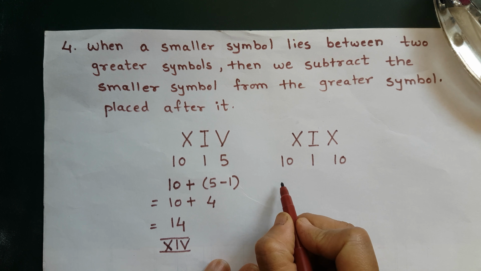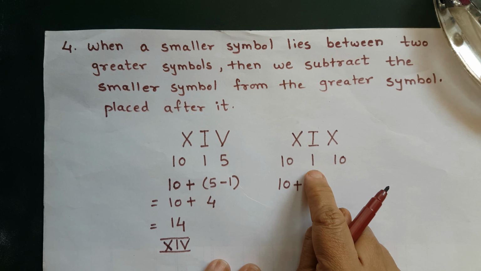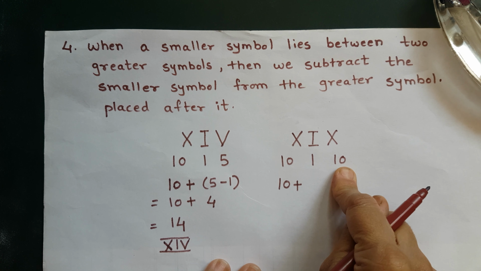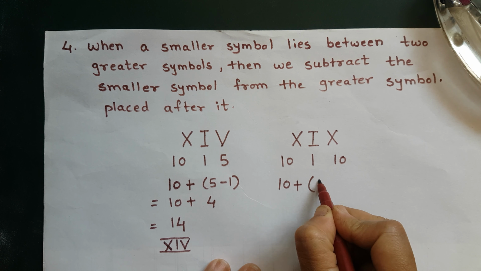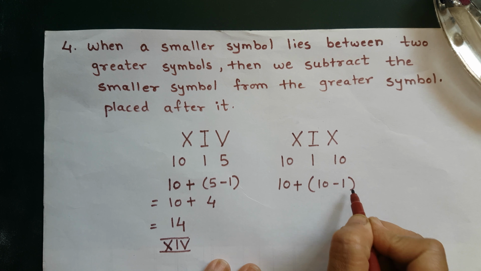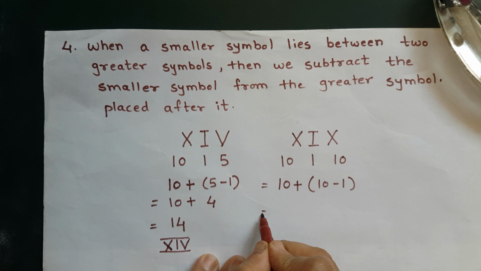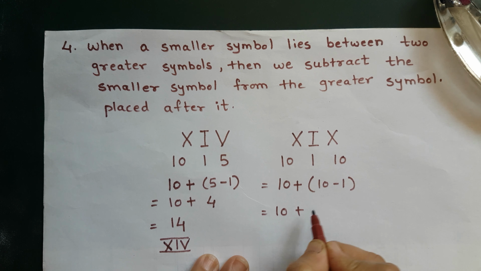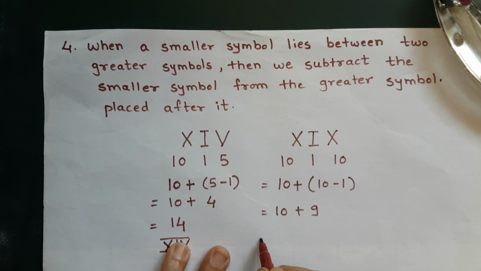Now again, according to the rule, I will write 10 as it is and I will subtract this one from the next number. So it is 10 minus 1, which is equal to 10 plus 10 minus 1 is 9, equal to 19. So in Roman number 19 is written as XIX.